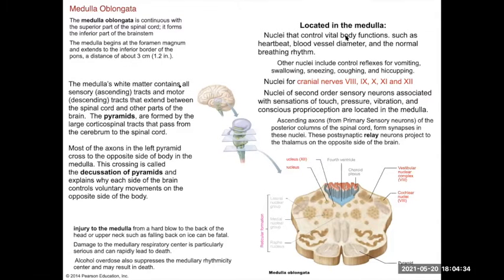Then the other parts: again, we'll talk about the respiratory, but you have all these other functions here, control centers for vomiting, swallowing, sneezing, coughing, and hiccuping, all these reflexes that you just don't do voluntarily. And then we'll look at the cranial nerves as we get to them. The other thing we want to note is that when we talked about the sensory pathway, we saw those relay neurons.